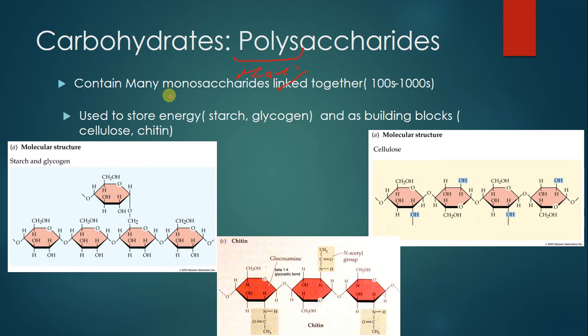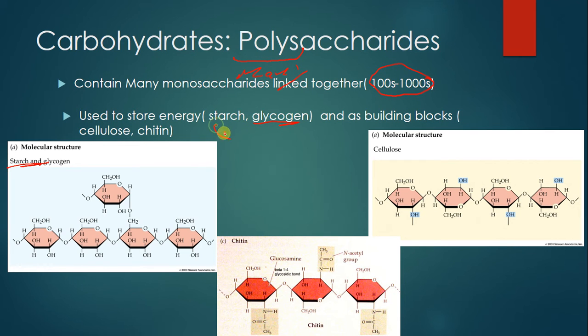And polysaccharides contain many monosaccharides, so between hundreds and thousands of monosaccharides make up a polysaccharide. Some examples of polysaccharides are starch, which is over here, and glycogen.